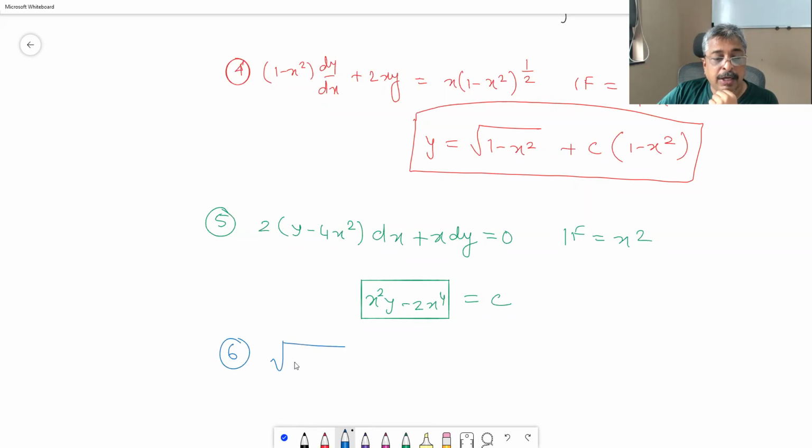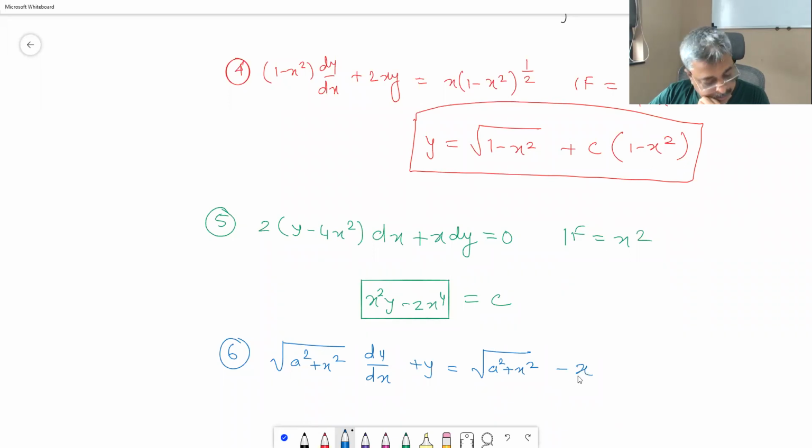Sixth, radical a square plus x square dy by dx plus y is equal to radical a square plus x square minus x. Express your answer as it is you get.